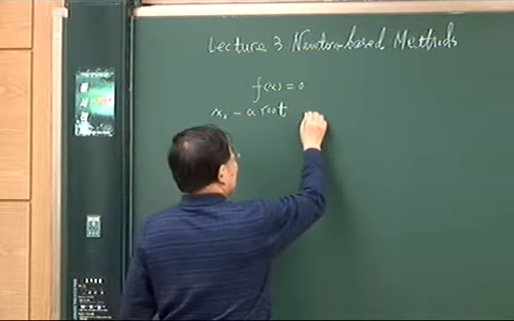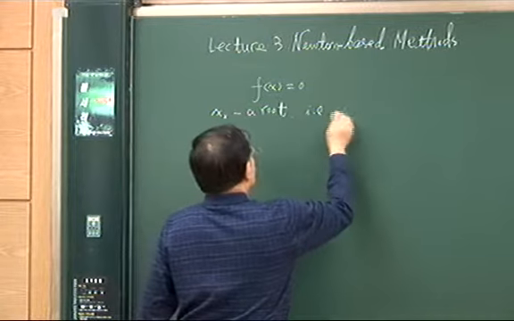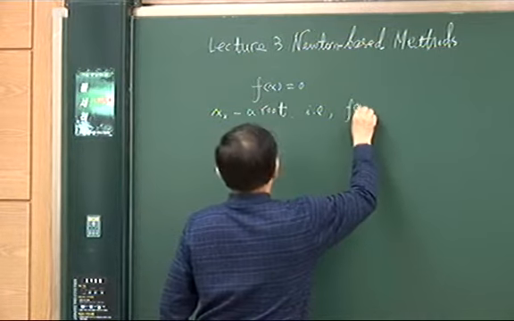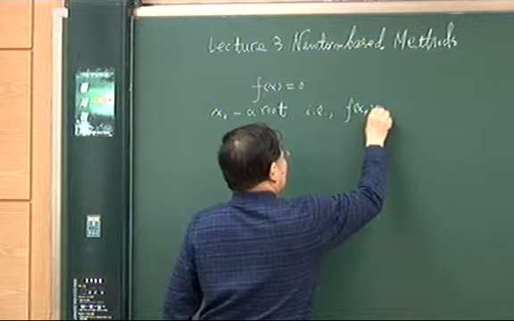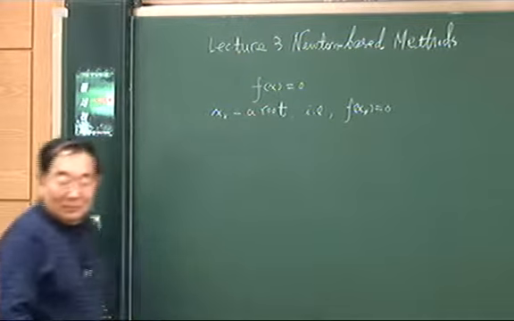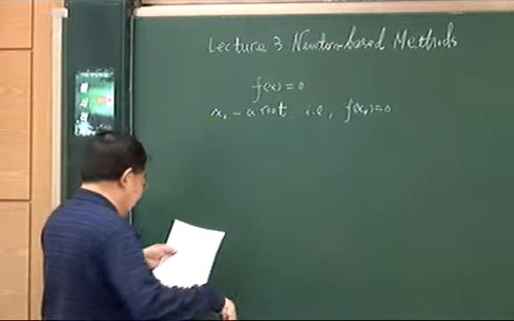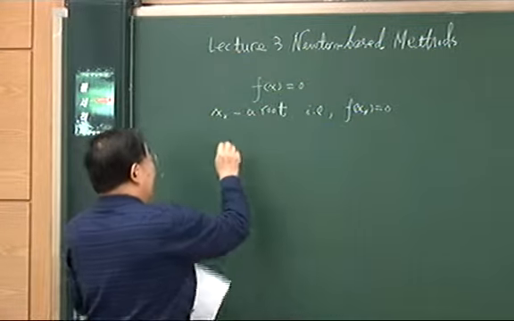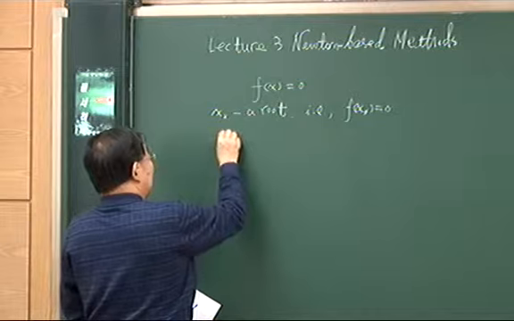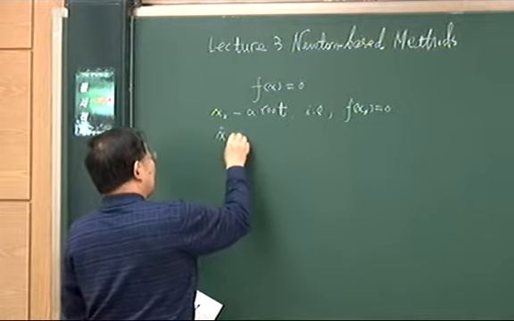That means f(x star) is equal to 0. Now we are given an approximation to this root.